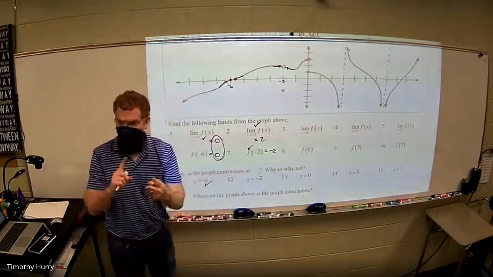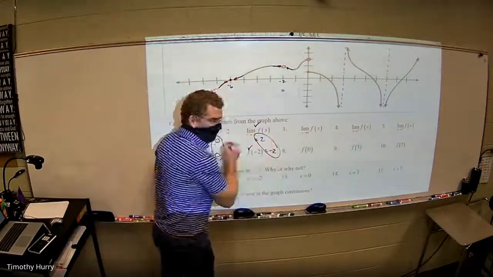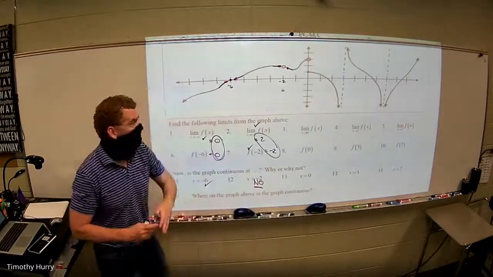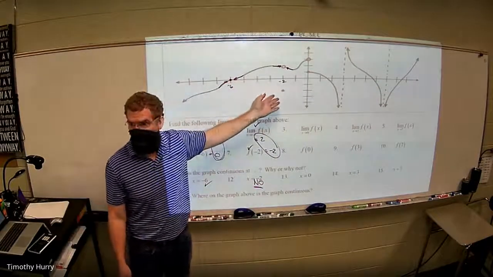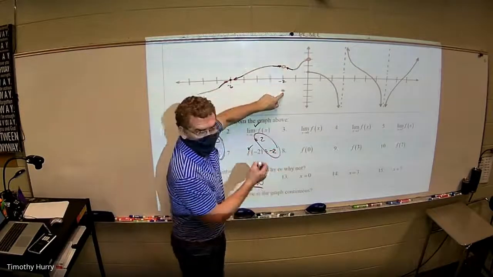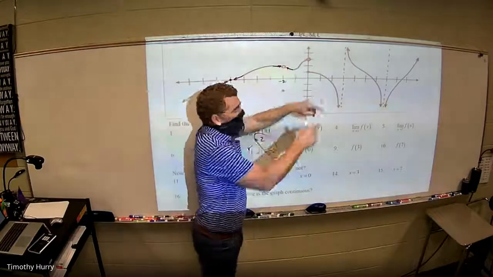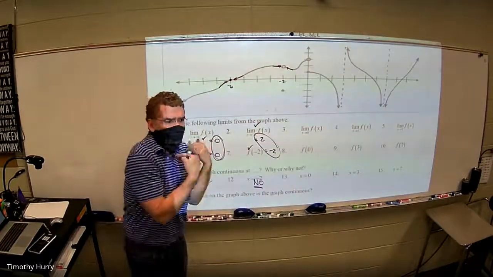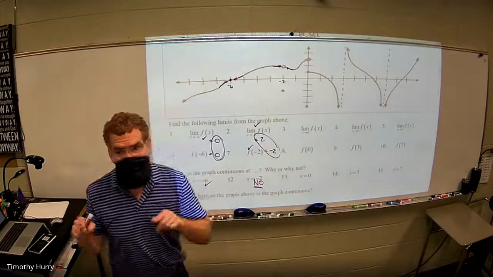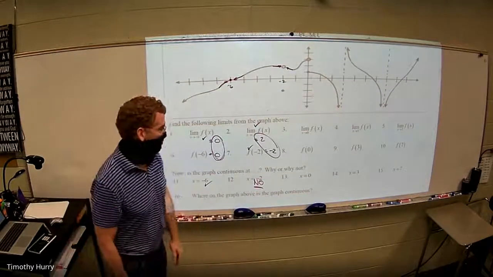The value existed, the limit existed, but were they equal? No. So is it continuous? No. Now you can visually see that it's not continuous. You had to go to here, pick up your pen, mark this one in, pick up your pen again, jump back there and finish. So at that point, it's clearly not continuous. But again, you can see the picture. When you can't see it, it might be a little trickier.